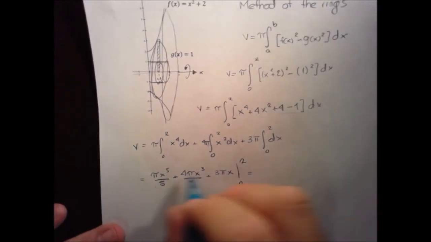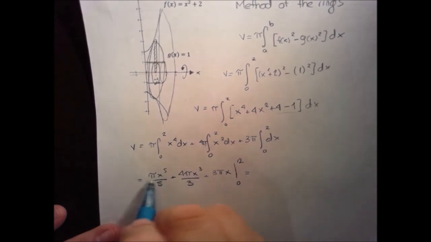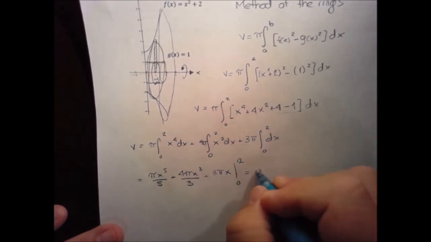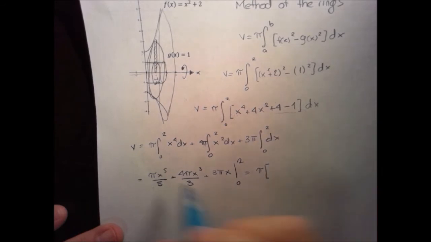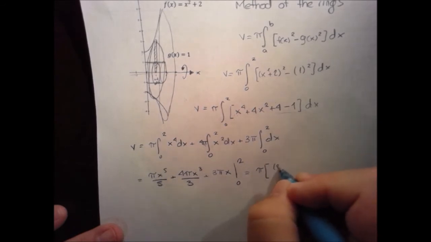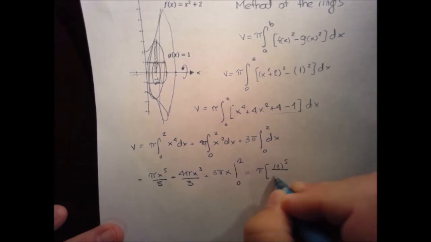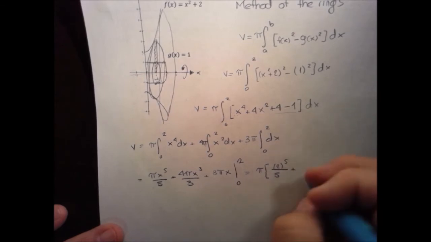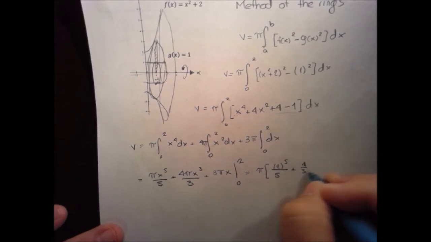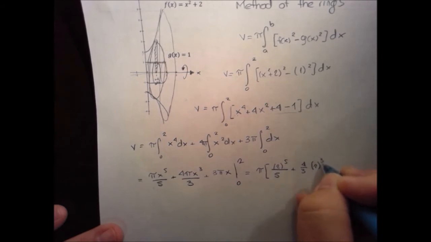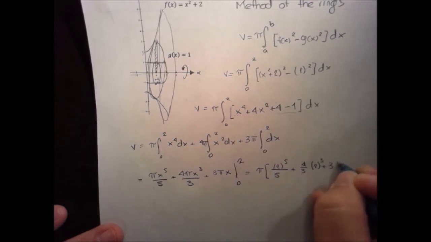Here I think it's not necessary to rewrite pi each time, so we can factor it out as a common term, and we're just going to have 2 to the 5 over 5, plus 4 thirds times 2 cubed, plus 3 times 2.